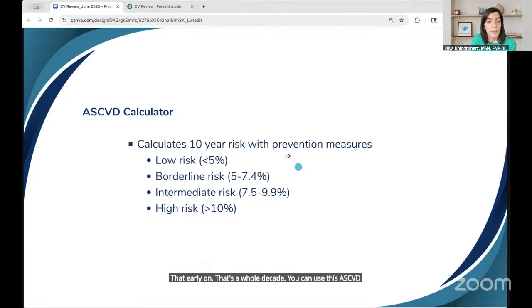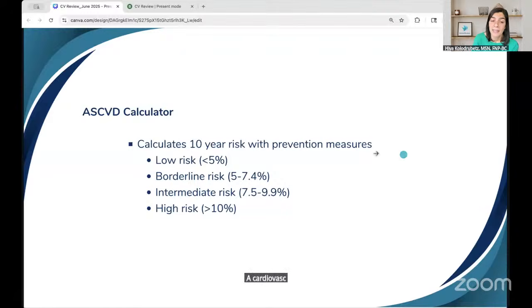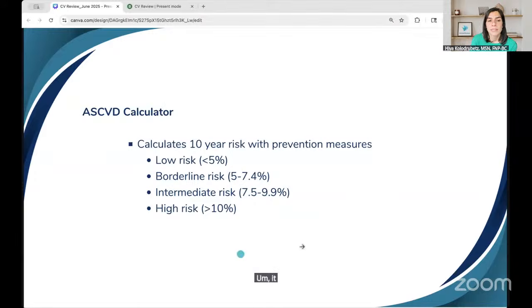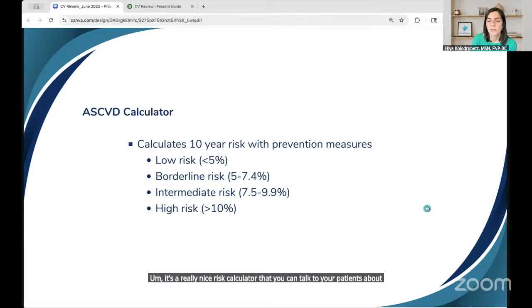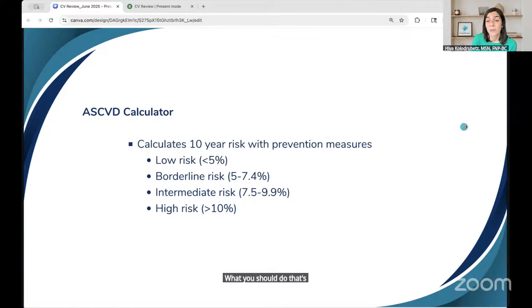You can use this ASCVD calculator. I really like it because it not only gives you that 10-year risk of having a cardiovascular event, but it also factors in things like, do they have hypertension? Do they have diabetes? Are they a smoker or former smoker? It's a really nice risk calculator that you can talk to your patients about, and it also gives you advice on what you should do that's evidence-based in terms of pharmacology to help minimize that patient's risk.